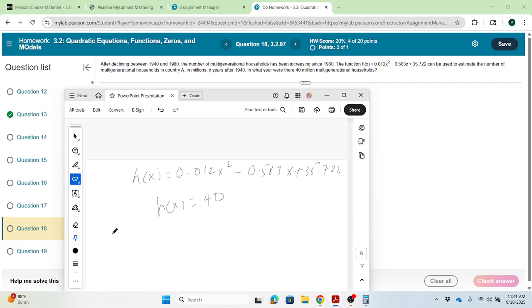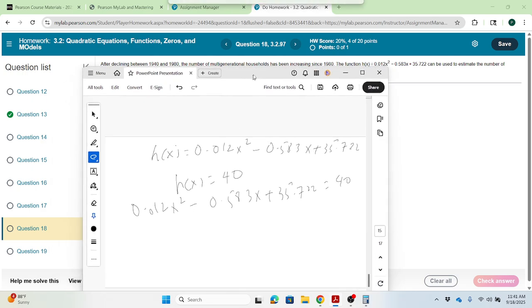So you need to set this function equal to 40. Remember, there is a decimal.